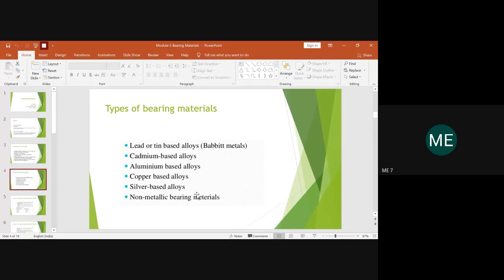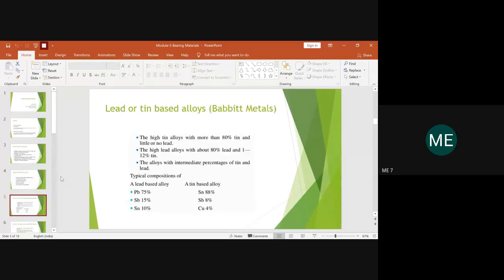Based on the requirement and the functional properties, you have to select the bearing materials. Currently we are going with the first one, the lead or tin based alloy, also called Babbitt metals. I told you it is a lead or tin based alloy, but what is the combination of alloys you have in this?